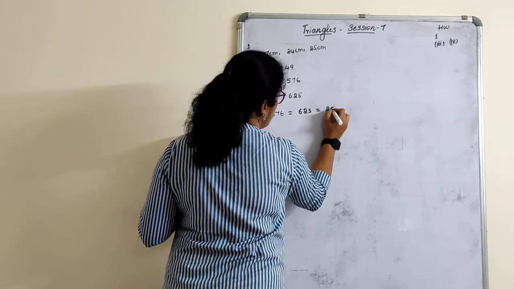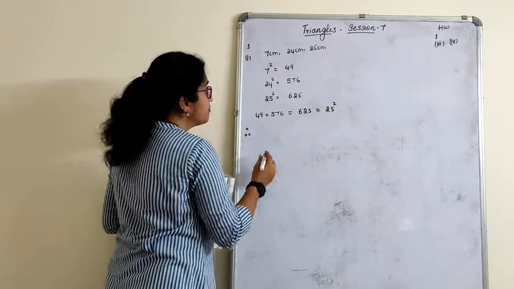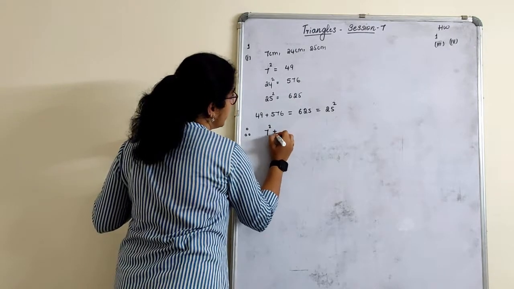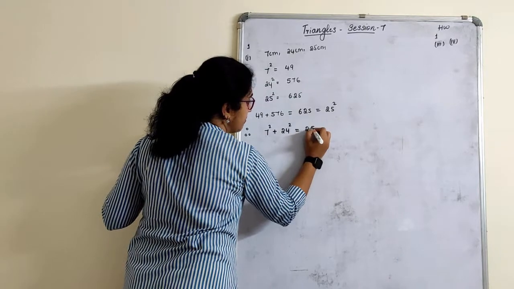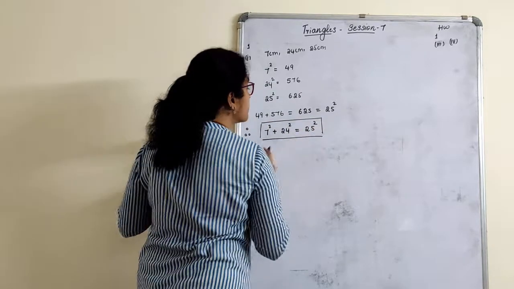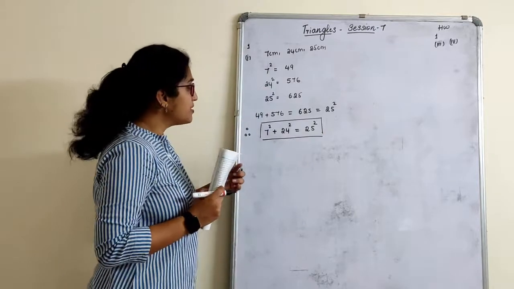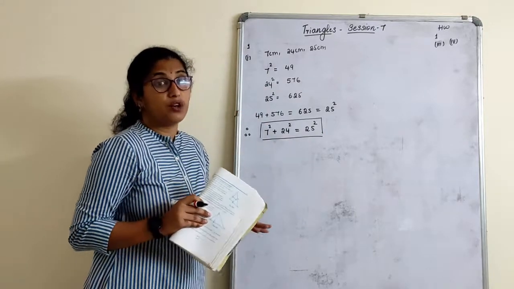That is equal to 25 square, right? Therefore, 7 square plus 24 square is nothing but 25 square. We just tried 49 plus 576. Will it give 625? We wanted to check.